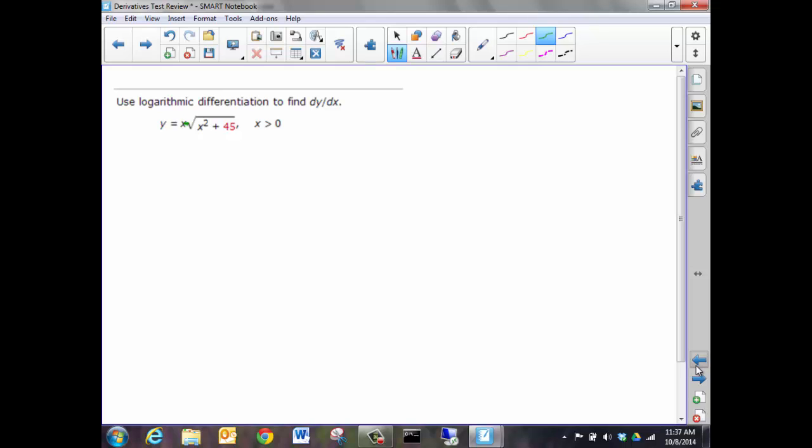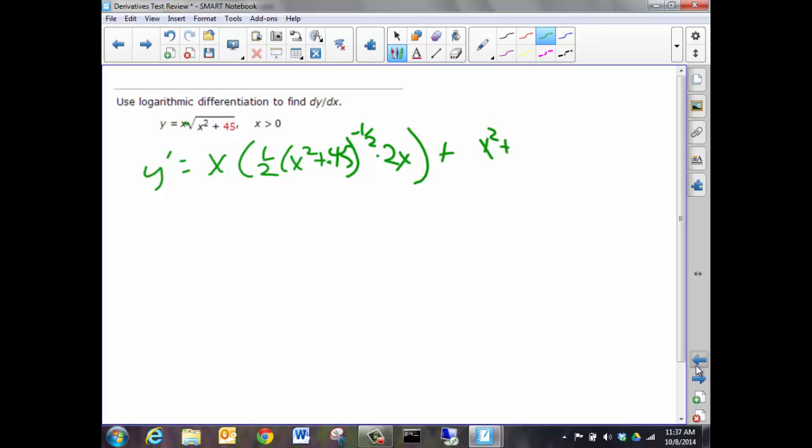So if I'm going to do this, I would say y prime equals first times the derivative of the second, x squared plus 45 to the negative 1/2 times 2x, plus second, x squared plus 45 to the 1/2 times the derivative of the first, which is just plain old 1.